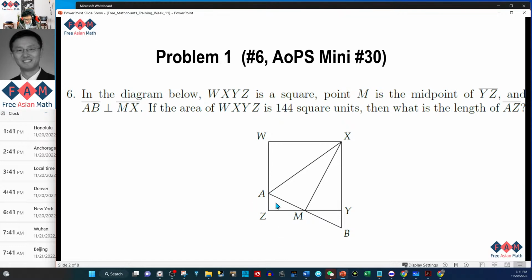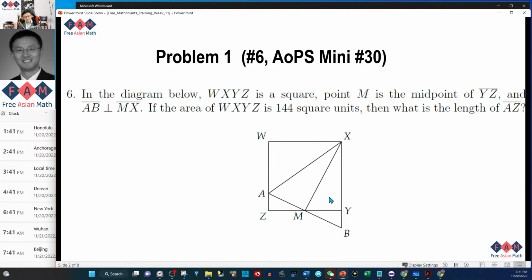AZ, what do we need to get AZ? AZ has to be somehow connected with the rest of the figure. And what is the first candidate that is associated with AZ? Must be this triangle AZM, right? This is the first thing that AZ can play a role in. So you start investigating the triangle AZM.